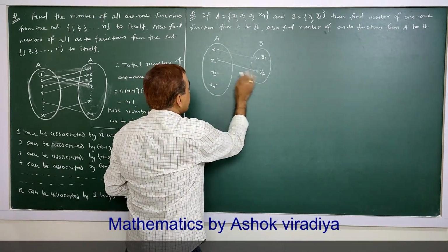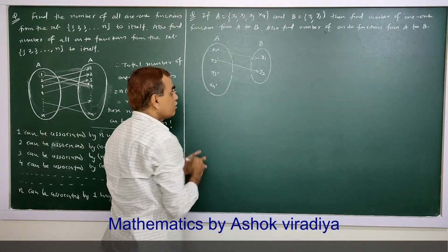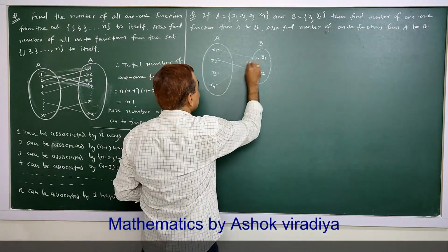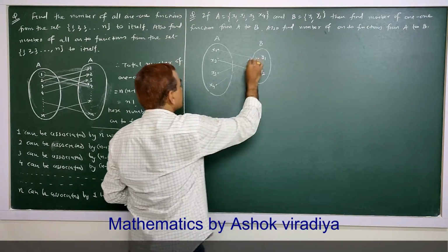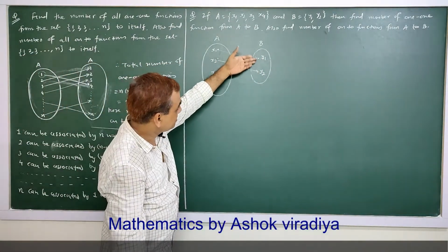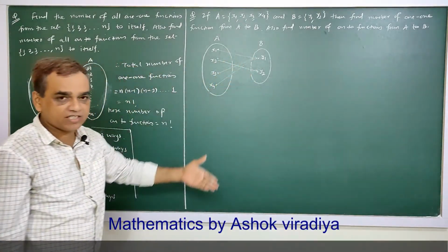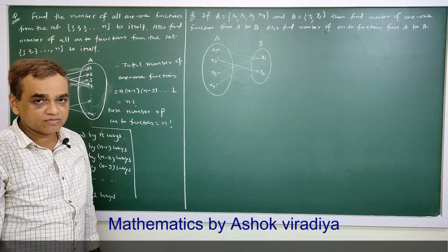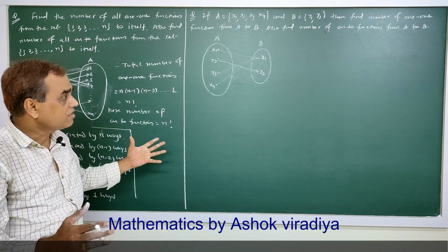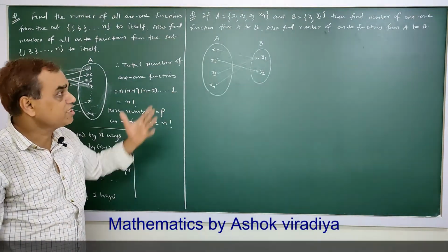If you join x3 with y1, also not 1-1. So this is what happens. If you try to obtain 1-1 functions here, because this set has fewer elements, then the number of 1-1 functions is 0. No 1-1 function is possible.